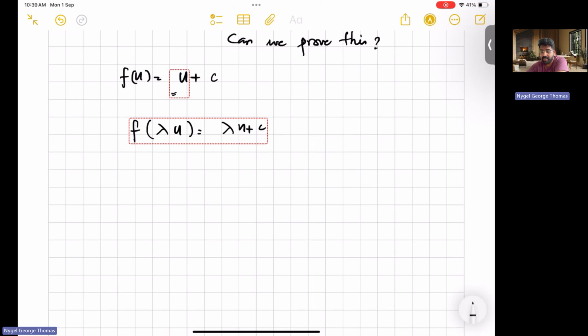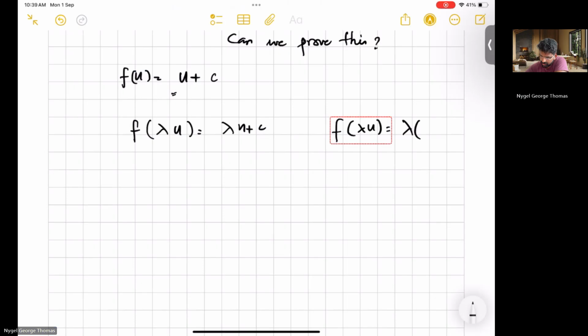But if it has to be a linear transformation, f of lambda u has to be lambda times f of u, which in fact is lambda times u plus c, which is lambda u plus lambda c.